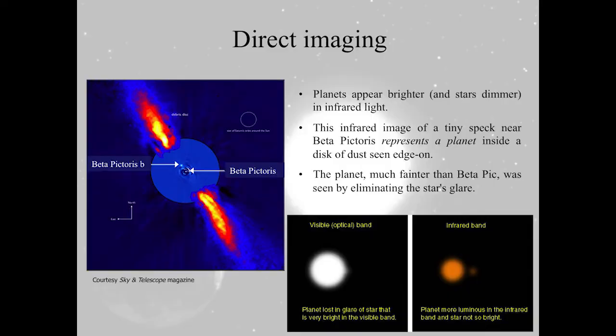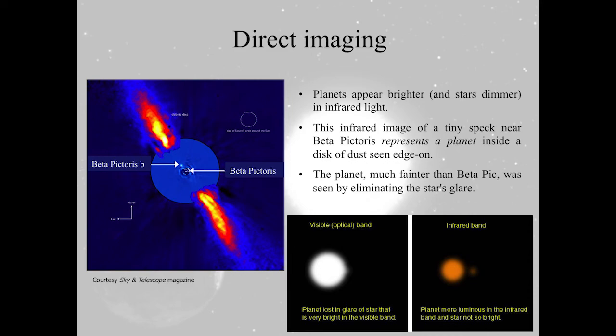At the bottom right, we see a couple of images that I want to highlight just for a moment. So far, we've probably mostly been thinking about visible light, which you and I are used to seeing, but you probably know that astronomers look at all different wavelengths of light, infrared light, ultraviolet light, and it turns out that in many cases, stars can be quite bright in visible light, but maybe not quite so bright in infrared light. Okay. The point is this still, planets sometimes are the opposite.